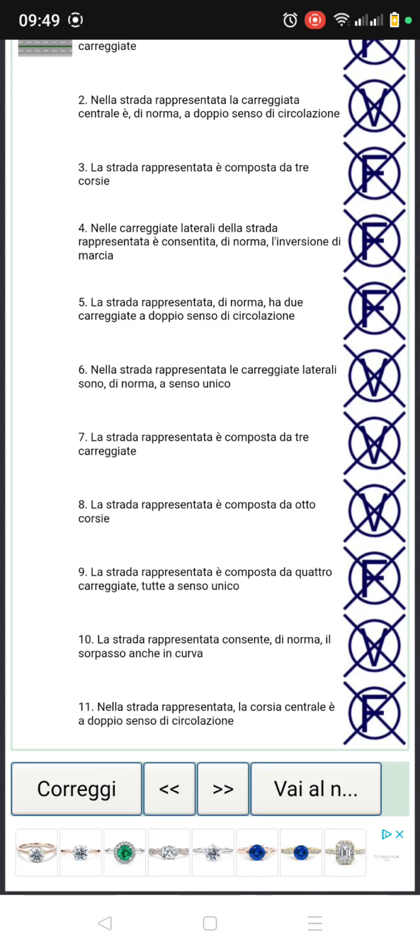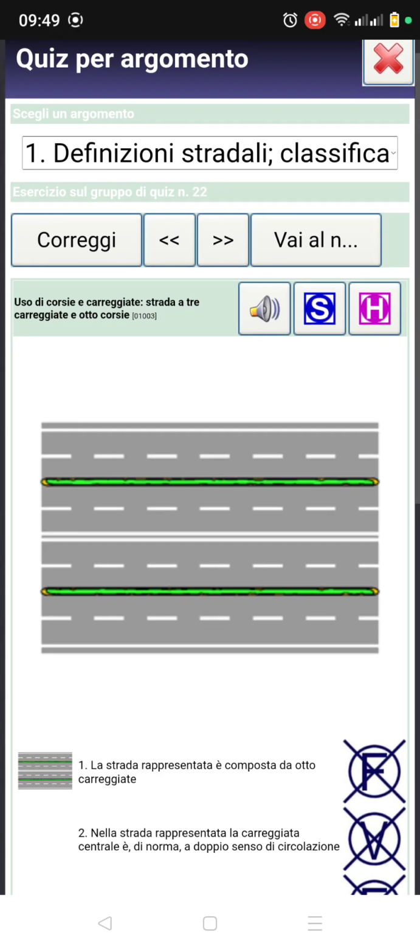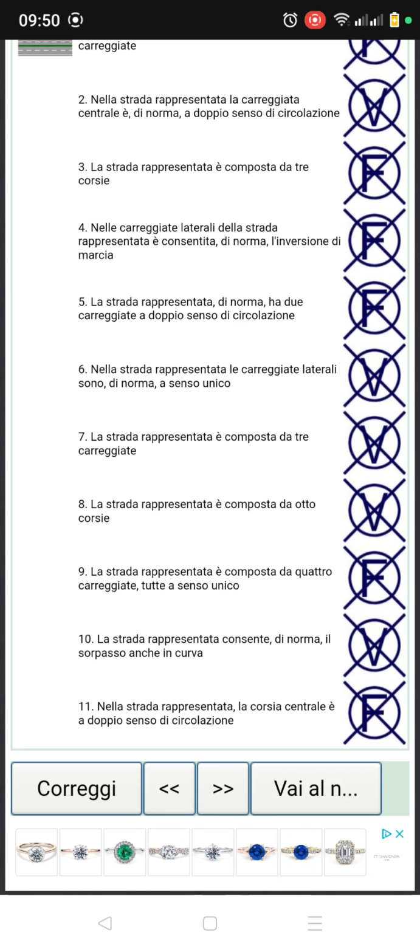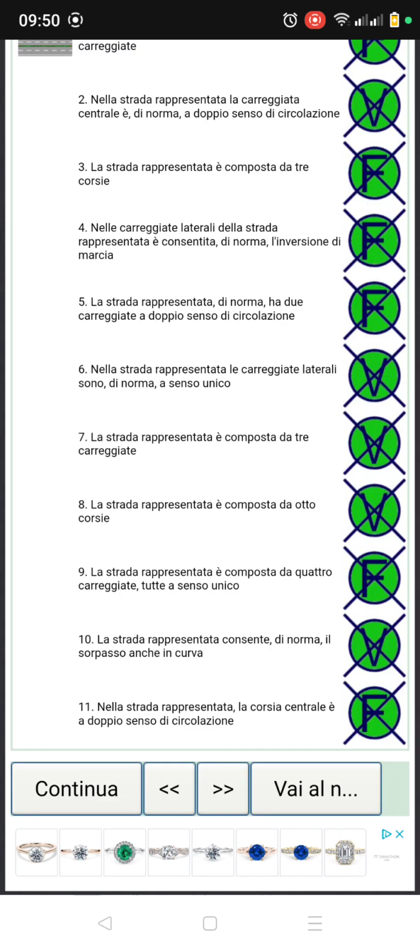So the question is calling this very middle carreggiata a corsia. No, it's supposed to be la carreggiata. So it's false because of the word corsia. So let's correct it and see.